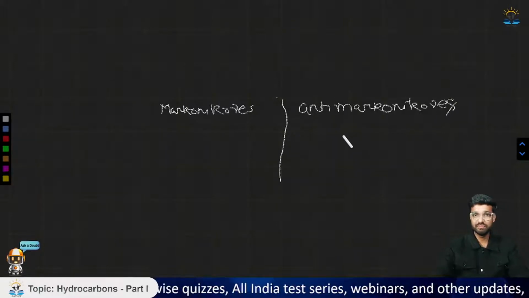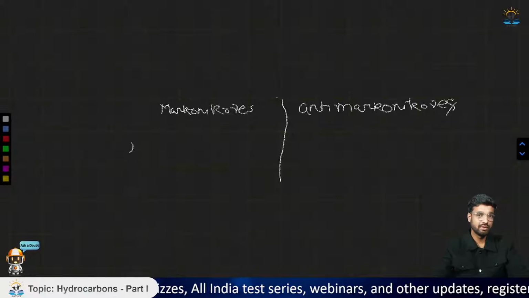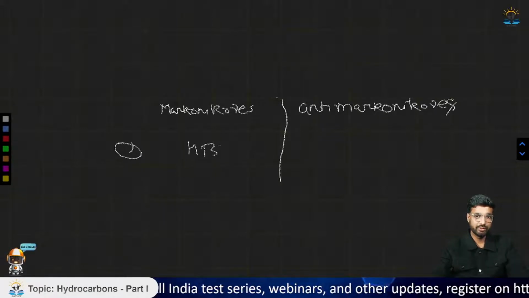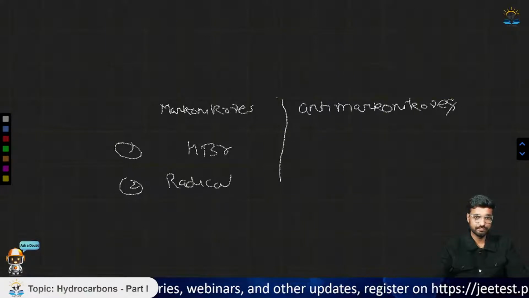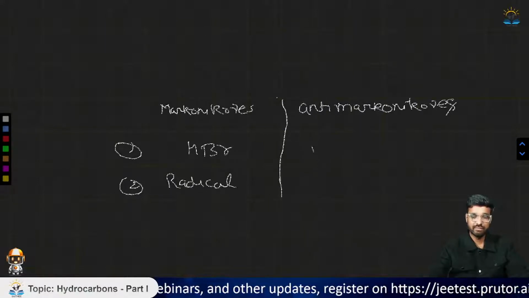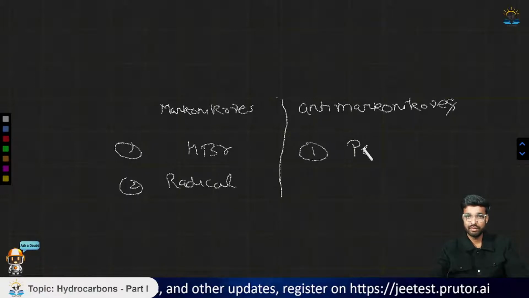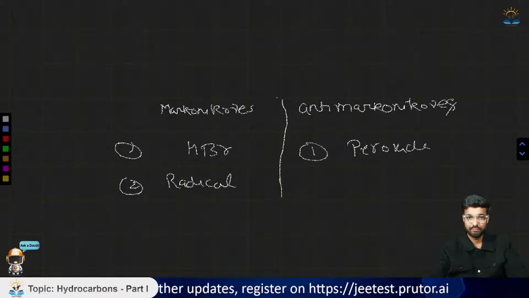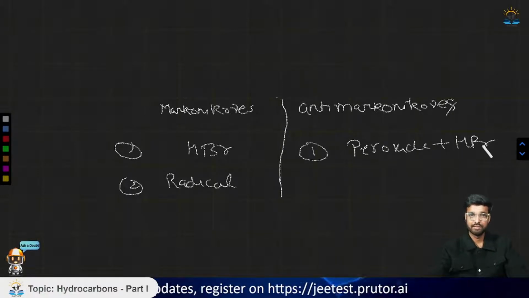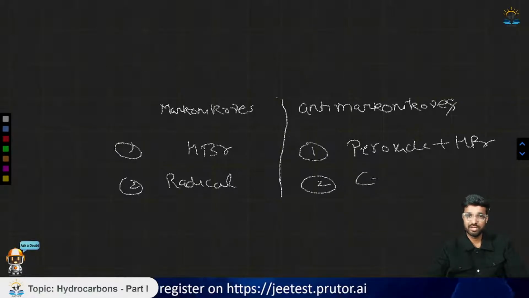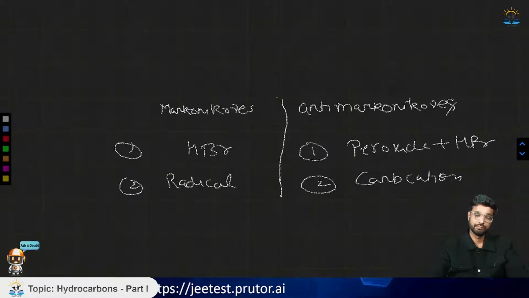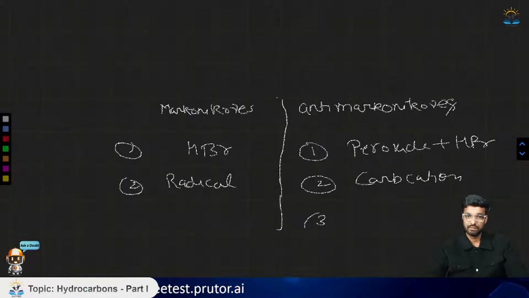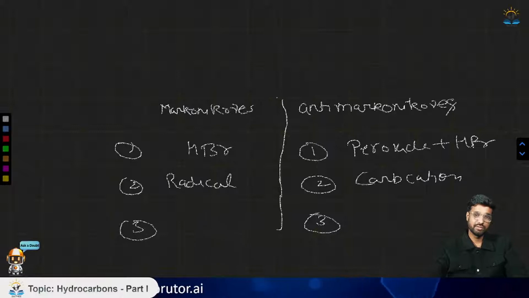Now what is the difference between Markovnikov and anti-Markovnikov? In Markovnikov we simply use HBr, and it goes through formation of a carbocation. But in the case of anti-Markovnikov, we use peroxide plus HBr, and it goes through a radical reaction. Now what is the difference between the products? Suppose this is the alkene.